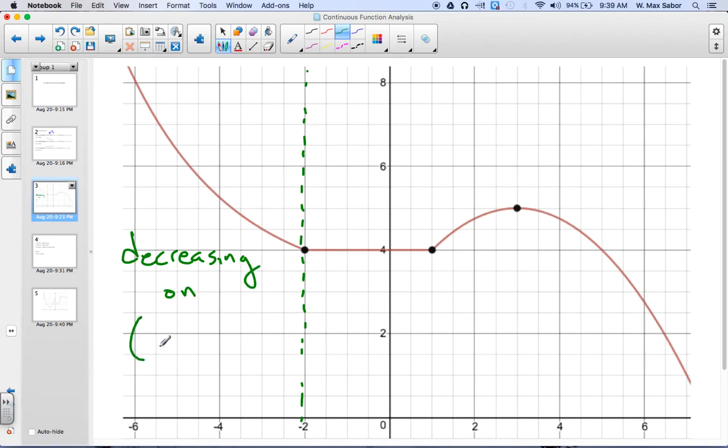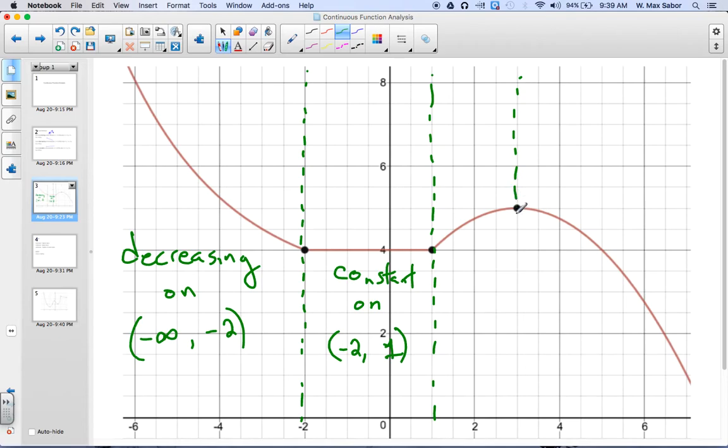It's decreasing on the interval from -infinity to -2. Then the next place that it changes is at this point. Over here, the y coordinates remain at 4, so it's constant on the interval between -2 and +1.